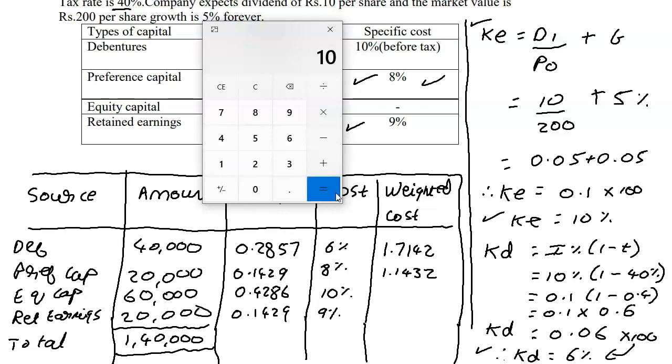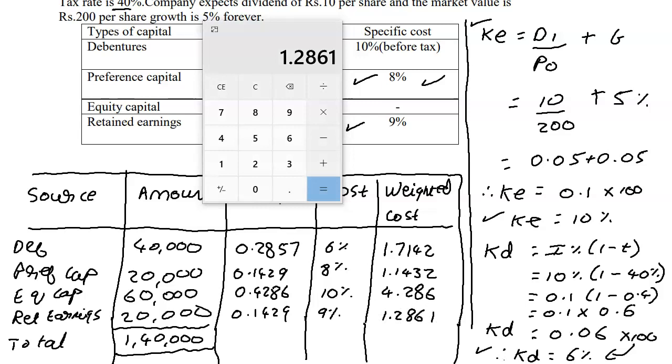Anything multiplied by 10 shifts the decimal place one step to the right, so 0.4286 into 10 gives 4.286. And 0.1429 into 9 gives us 1.2861.